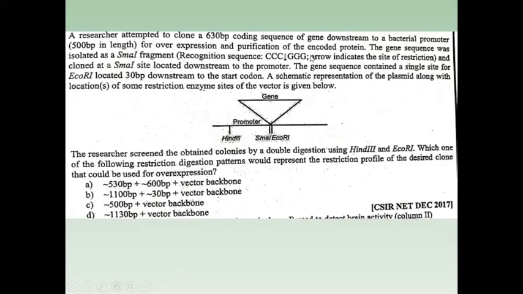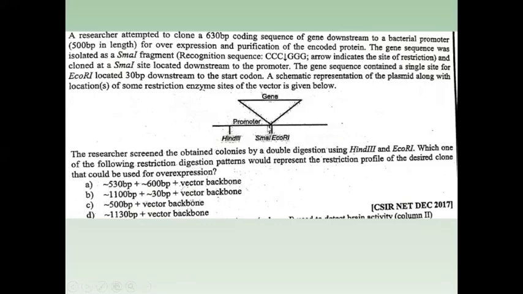The gene sequence was isolated from an SmaI fragment whose recognition site is CCCGGG. Suppose this is the whole thing; this is the vector backbone, and this is my insert gene. The insert has to be inserted into this particular portion.